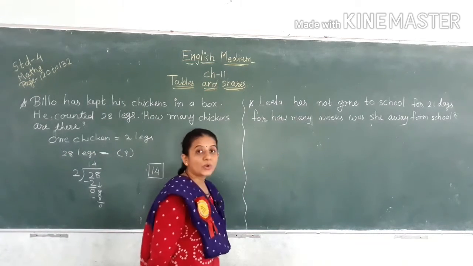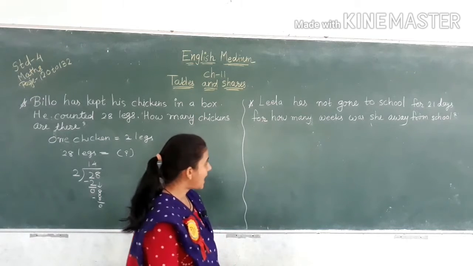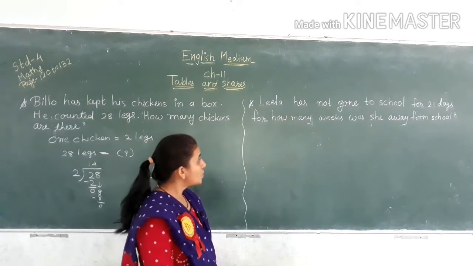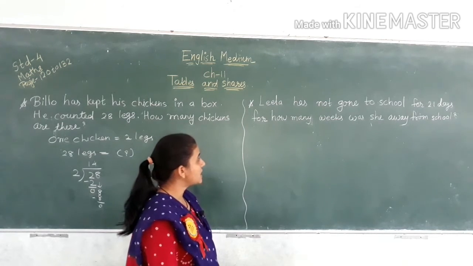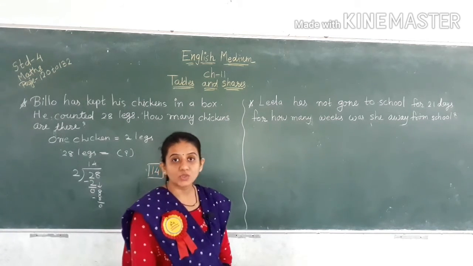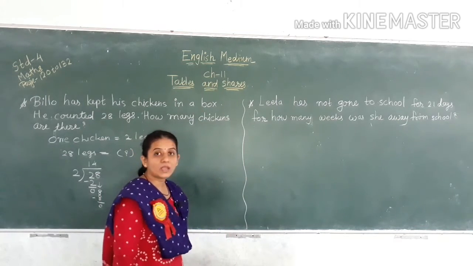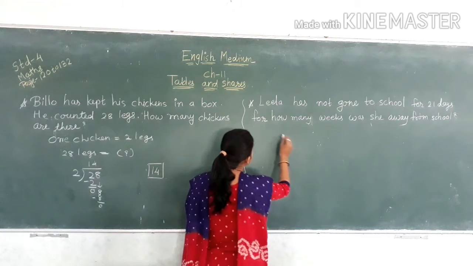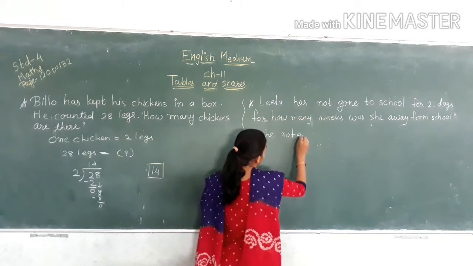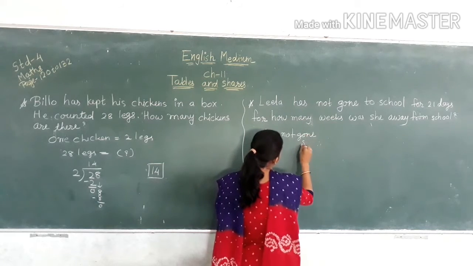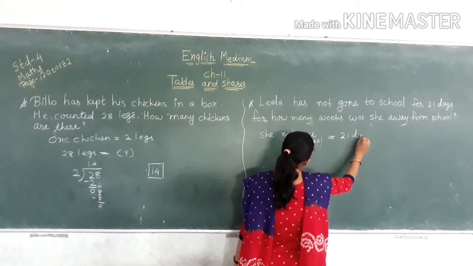Leela has not gone to school for 21 days. For how many weeks was she away from school? So she has not gone to school for 21 days.